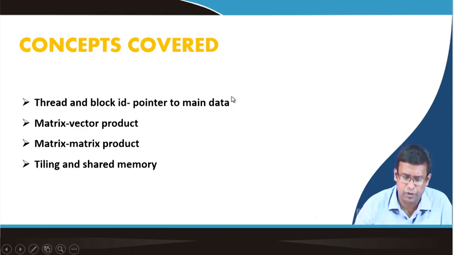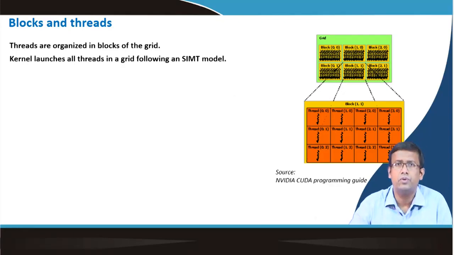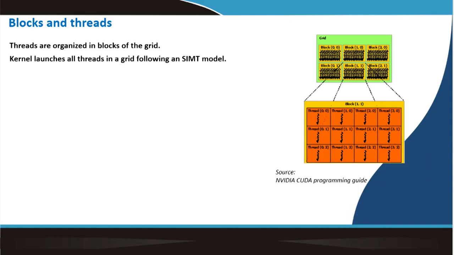Well, if we look into a CUDA kernel, when it is executed, it launches a number of threads, and these threads are launched as a grid. Inside each grid there are multiple blocks, and these blocks are composed of a number of threads.